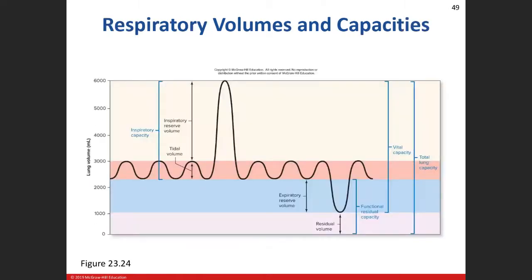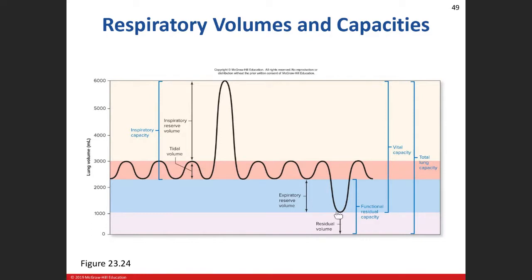And this will actually measure, let me go back to this graph here, that functional residual capacity. I don't know if you can see it very well. Zoom in a little bit. So here I've taken my breath out, and then I just keep forcing it out and blowing out. Now again, you can't get much more. There's always going to be air left in your lungs.